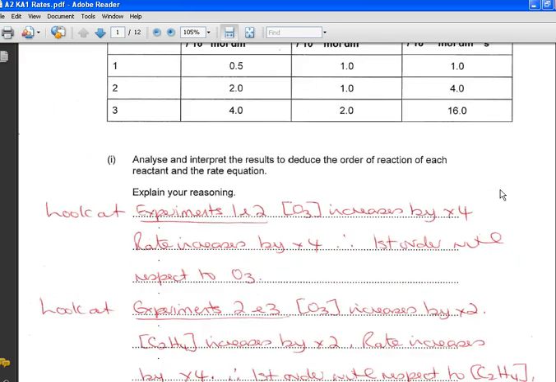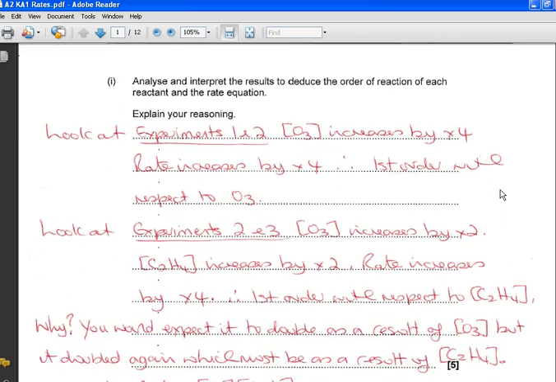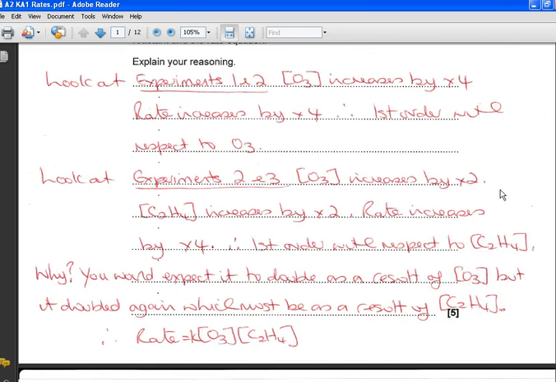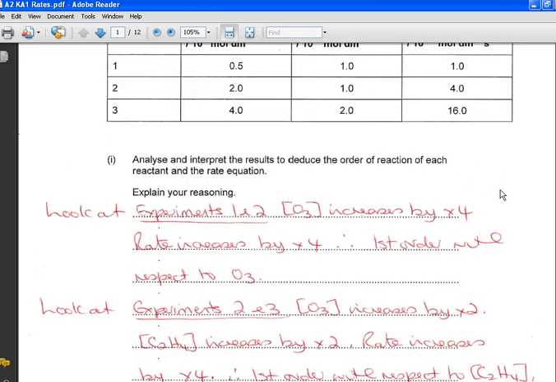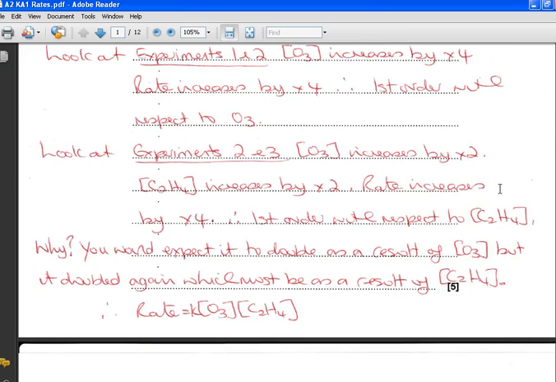And if we look at experiments 2 and 3, we can see that the concentration of O3 is increasing by 2, but so is C2H4. Now, the rate is shown as increasing by 4, from 4 to 16. Now, we know that with respect to O3, it's first order, yeah?